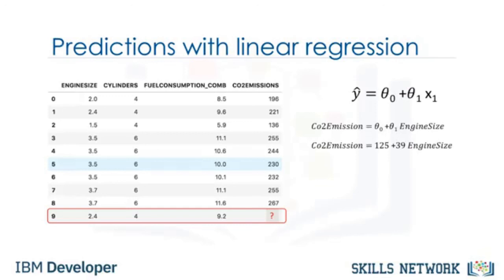Now let's plug in the ninth row of our dataset and calculate the CO2 emission for a car with an engine size of 2.4. So CO2 emission equals 125 plus 39 times 2.4. Therefore, we can predict that the CO2 emission for this specific car would be 218.6.